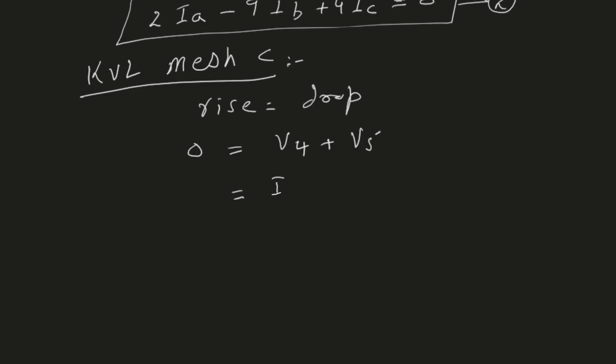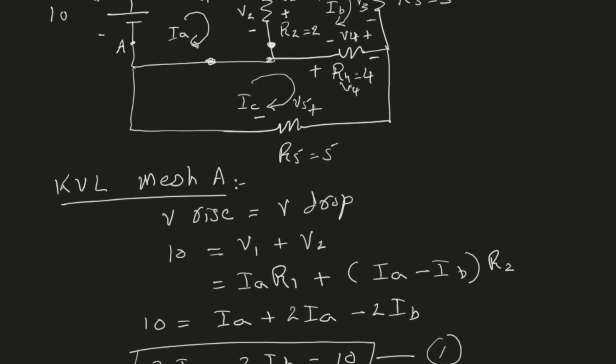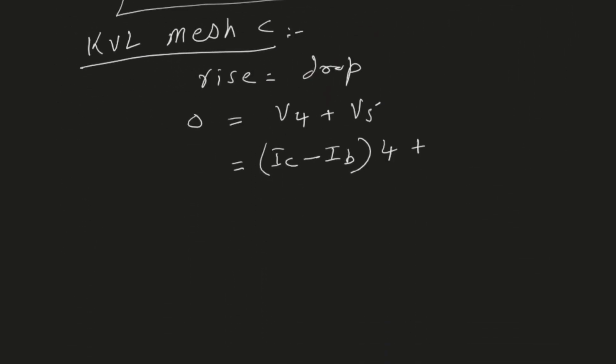So this is IC minus IB times R4, which is 4 ohms, plus V5, which is IC times R5, which is 5 ohms. Therefore, I will get negative 4 IB and positive 9 IC equals 0.